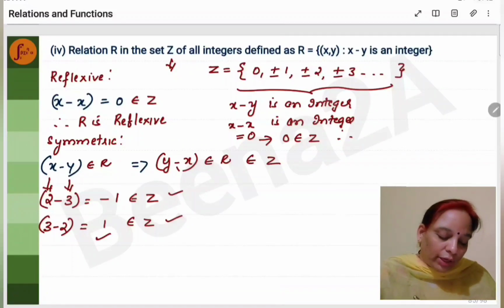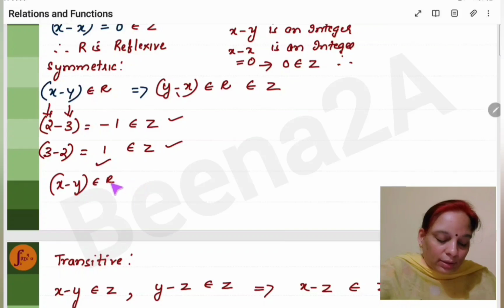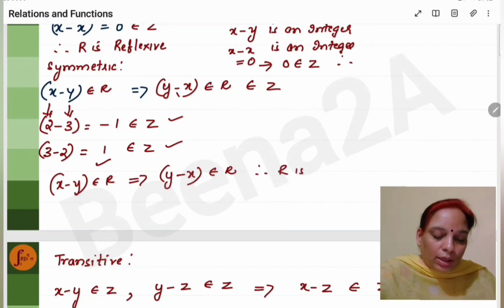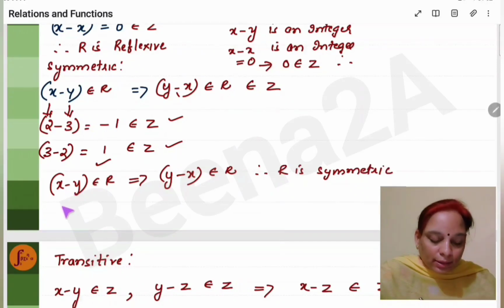So how do I write it? x minus y belongs to R implies that y minus x also belongs to R. Therefore R is symmetric. Or I can say x minus y is an integer.